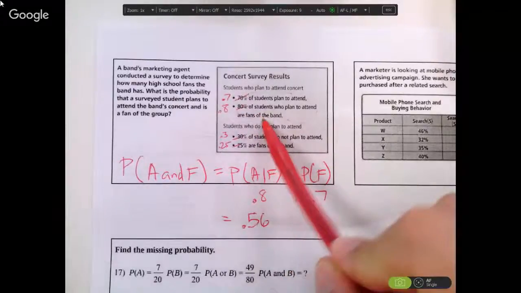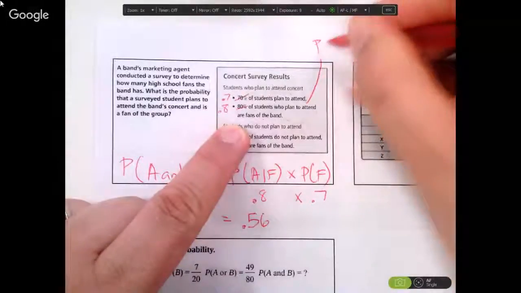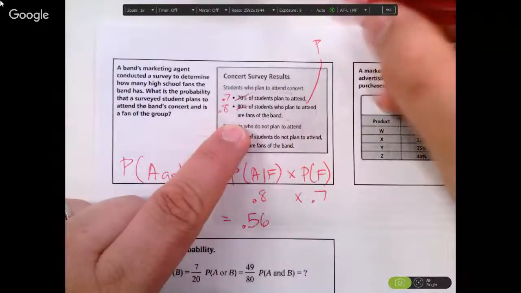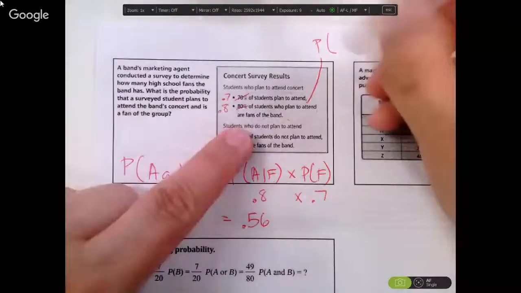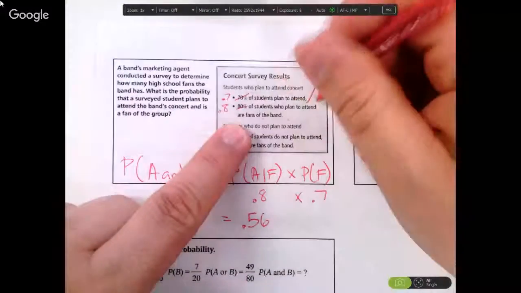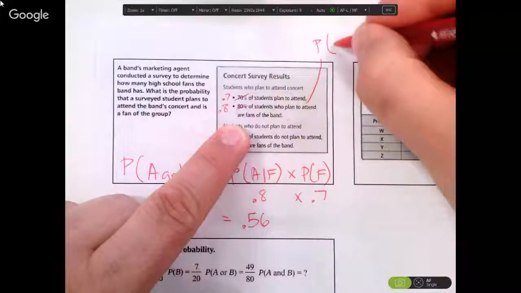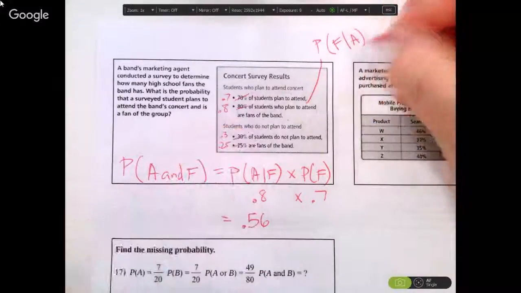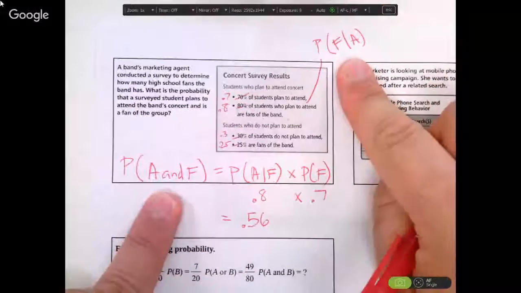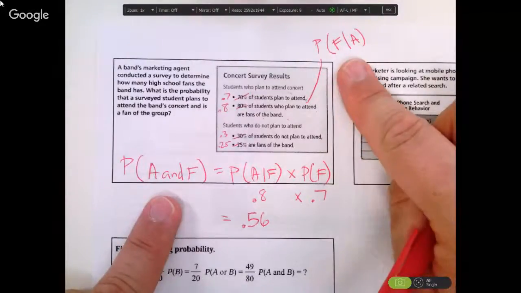The reason is that this right here is not "and"; it's the probability that you are a fan given that you are attending. The probability that you plan on attending and you're a fan is different. They seem really similar.